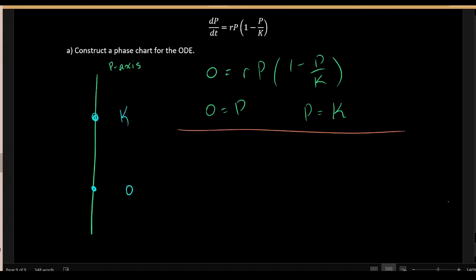Now, let's figure out the regions on which dP/dt is a positive or negative number. For example, what if we considered a value of p which was equal to 2 times the carrying capacity? If the population suddenly spiked to well above carrying capacity, for example by a sudden inward migration, what would the population do over time?